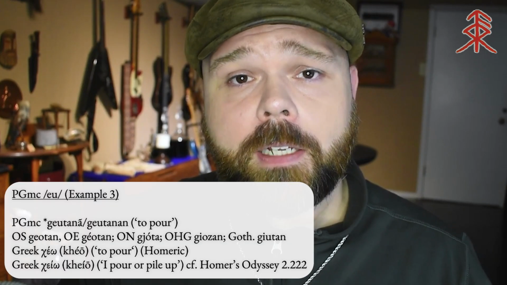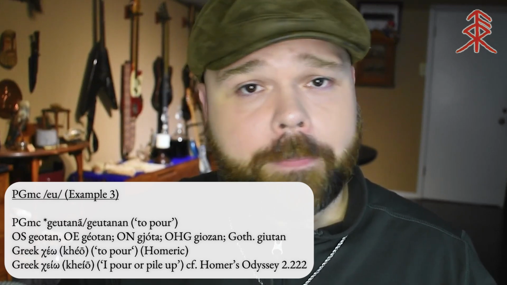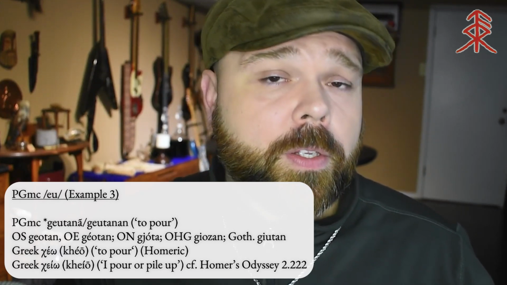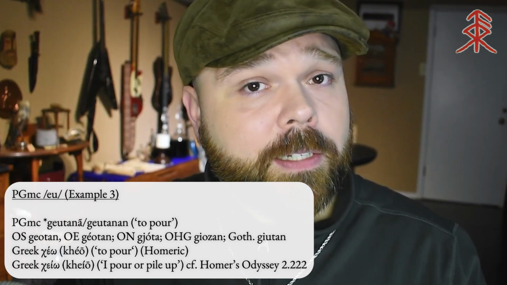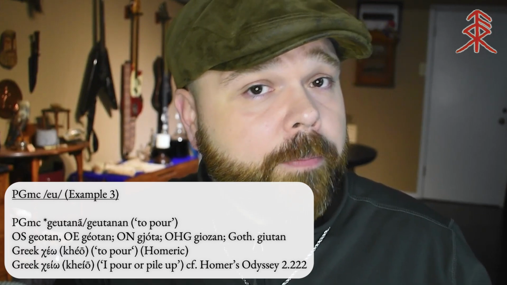And for my very last example here, we're going to look at the verb for to pour in Proto-Germanic. So this is geltana or geltanan, depending on your reconstruction. So we can then expect that the EU will shift to an EO in Old Saxon, right?